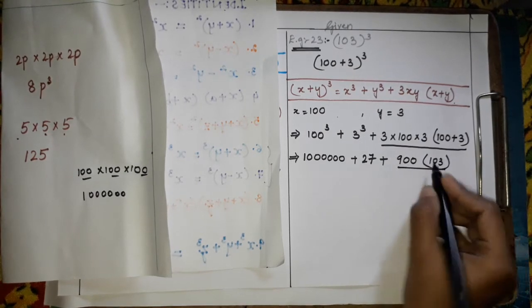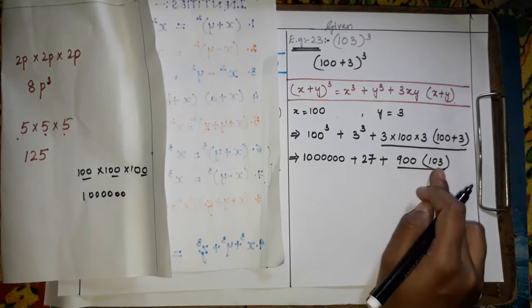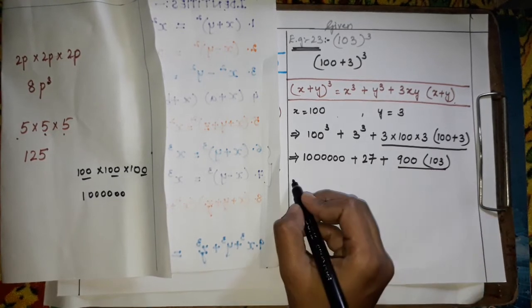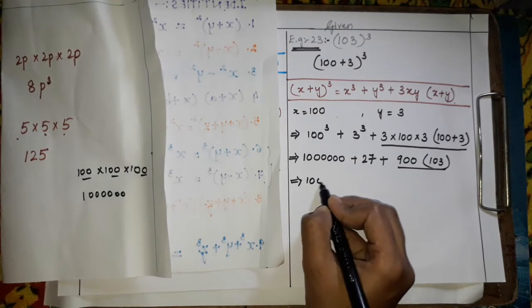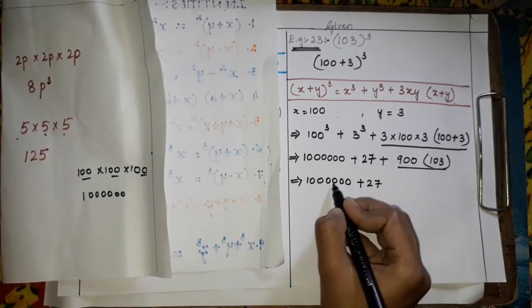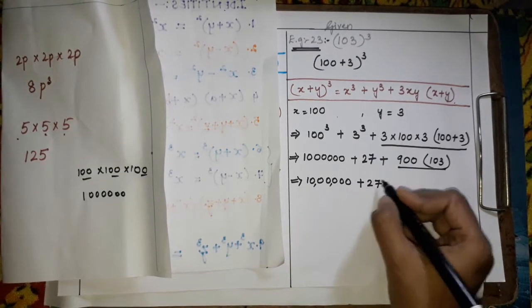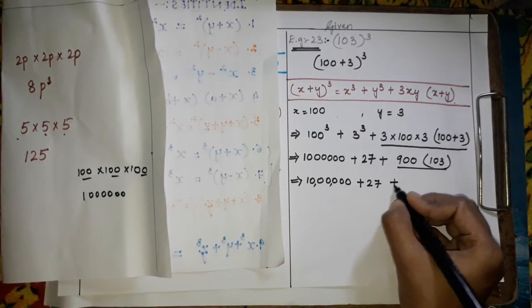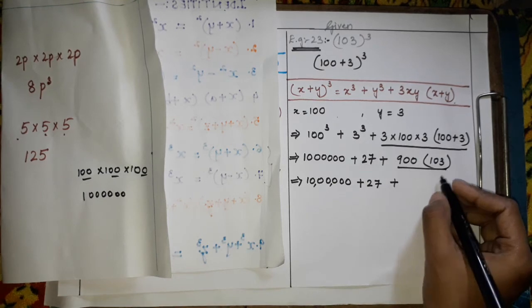Now we must multiply these two. 900 into 103. So I'll be writing this as it is. 10 lakh it is. Plus 27 plus 900 into 103, you have to multiply it.